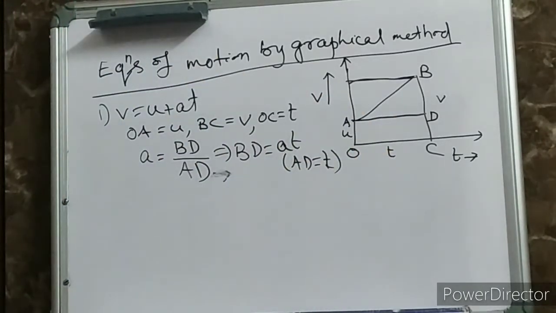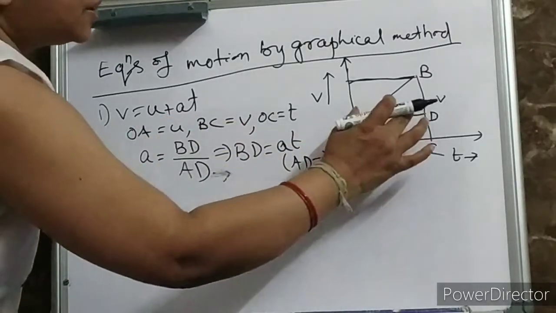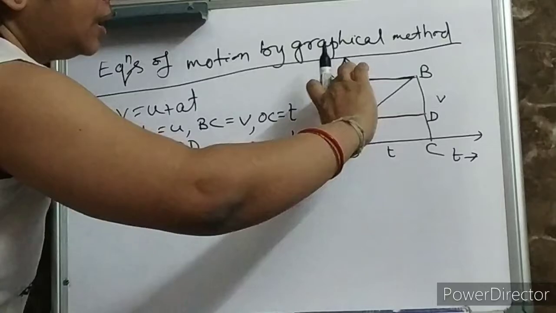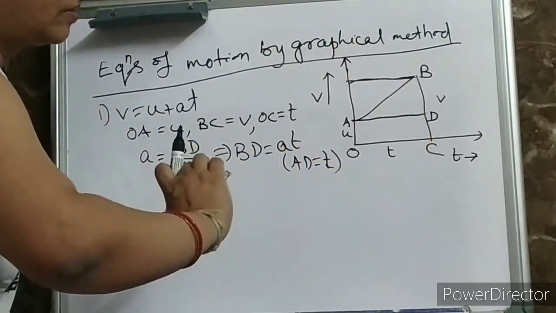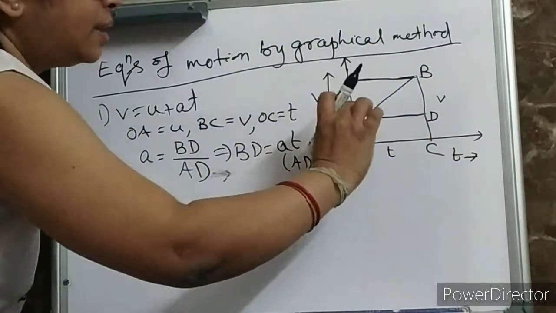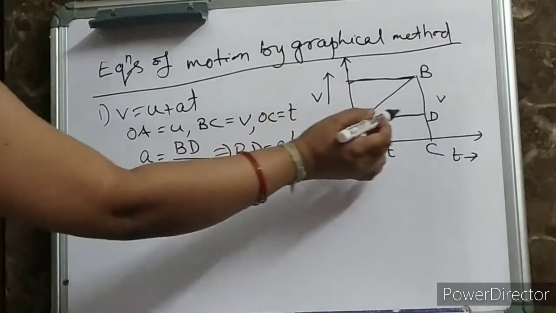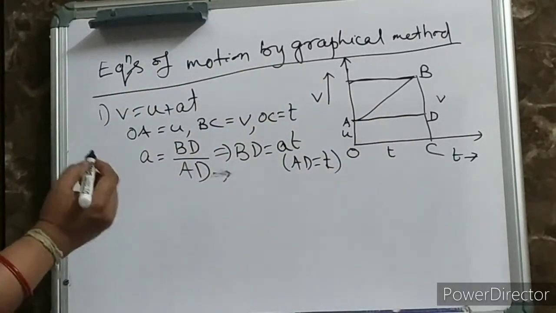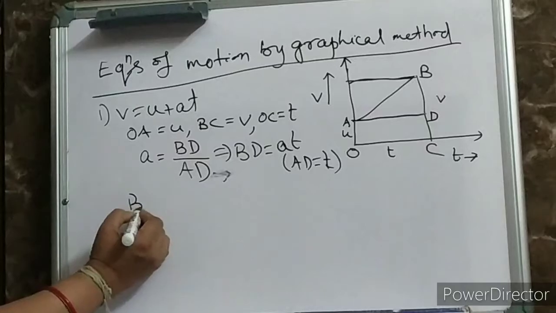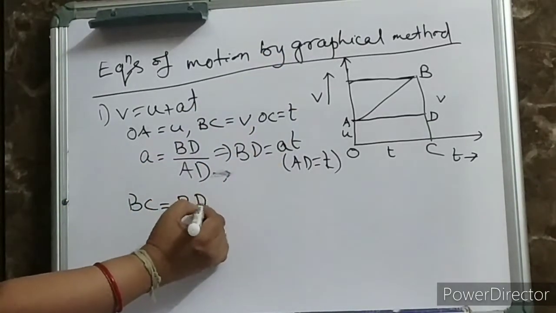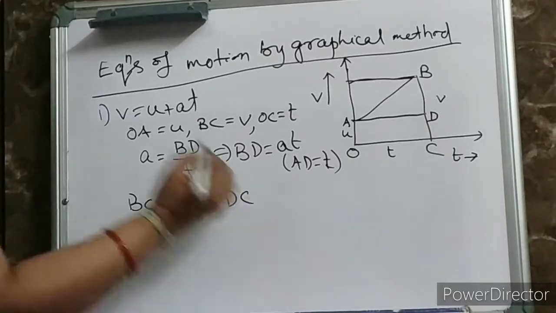Clear? Now this is parallel and this is perpendicular. Since BC is V, this is also V. And OA is equal to U, that means DC is also U. Is it clear? So we can write BC is equal to BD plus DC.